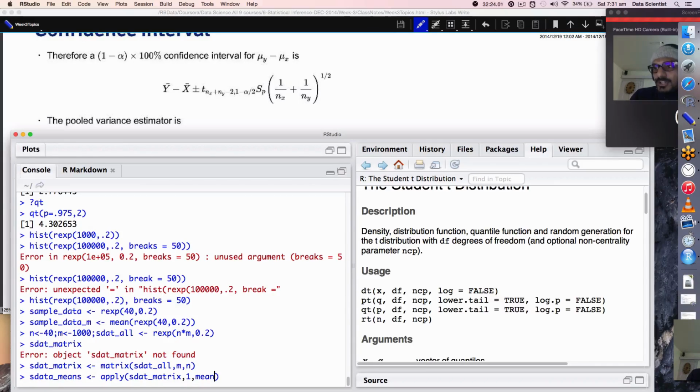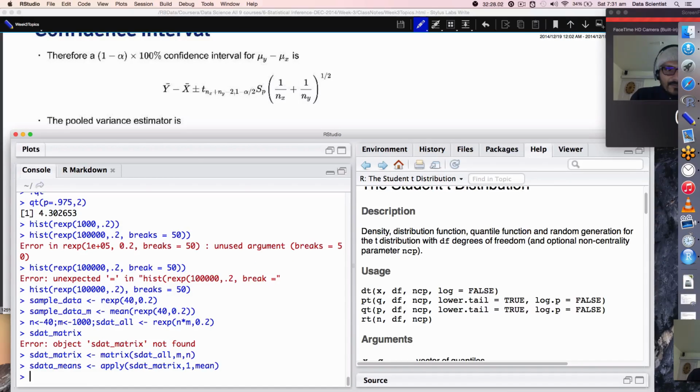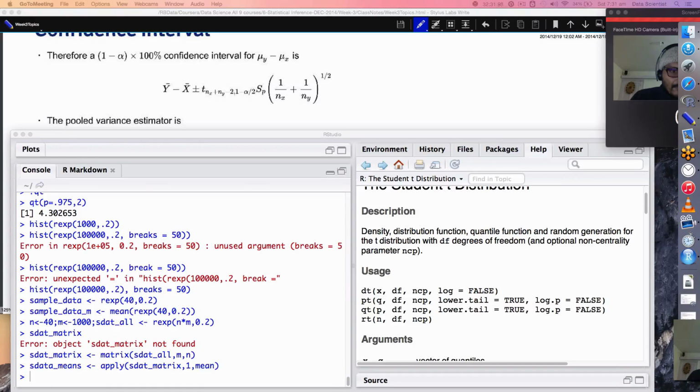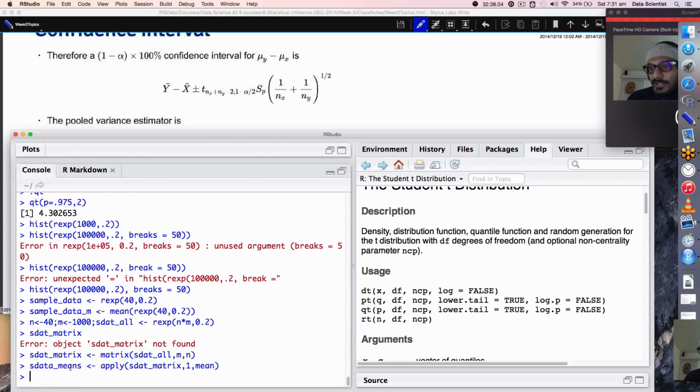I want to take the average of this. So I'm running the function apply on this and I get the sample data means.